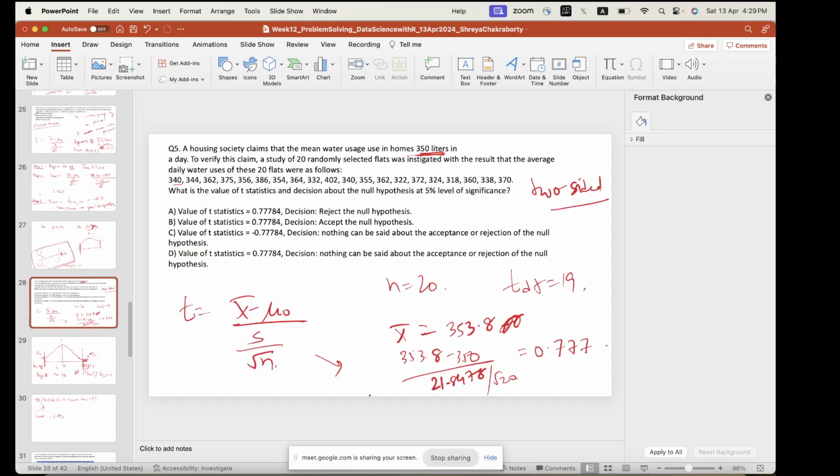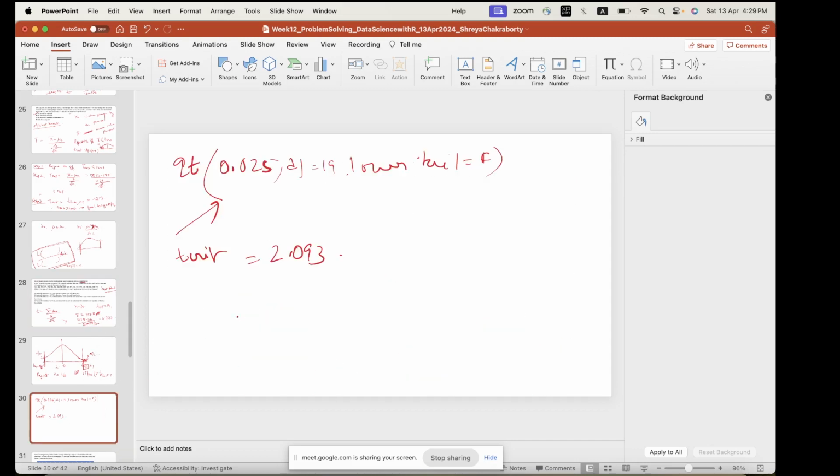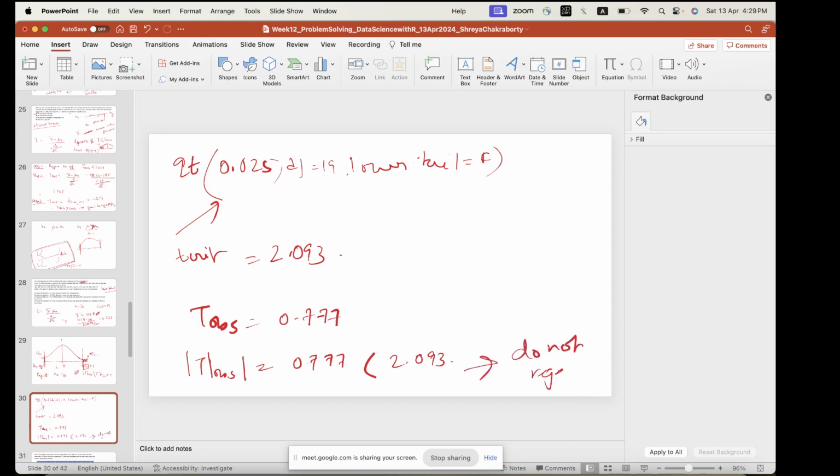What is our t? This is 0.777. So here we have t observed equal to 0.777. Mod t observed is 0.777, which is less than 2.093. Therefore, we do not reject H naught. Is it okay? Yes, ma'am. Okay.